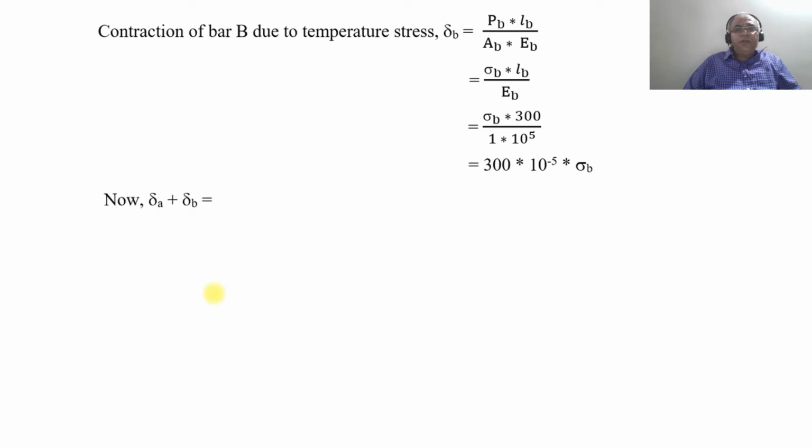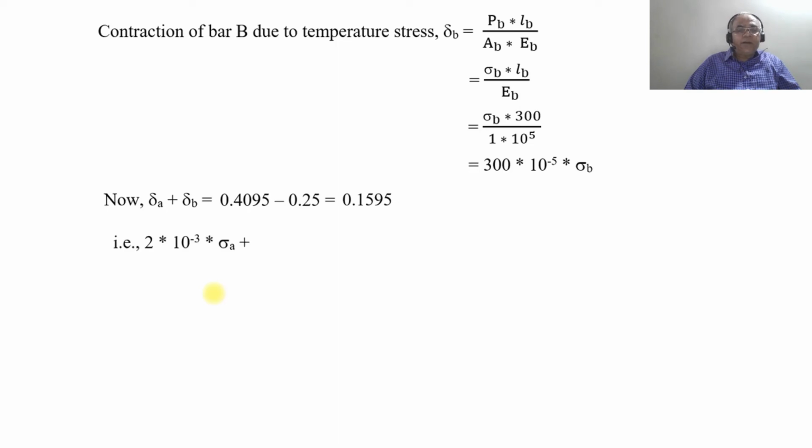Now we also know that delta A plus delta B is equal to the free expansion, 0.4095, minus the restricted expansion, 0.25, which will be equal to 0.1595.